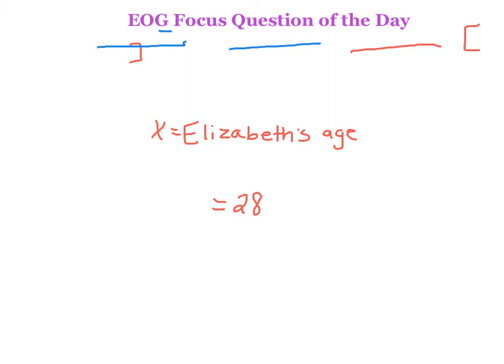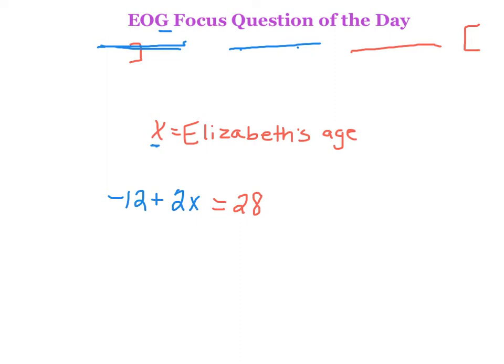So now I'm going to start to put that in this equation. If somebody is 12 years younger, you're basically subtracting 12. Twice Elizabeth's age is going to be 2 times x. Since I don't know Elizabeth's age, which was x, twice is 2 times. And that's just going to be a positive 2.